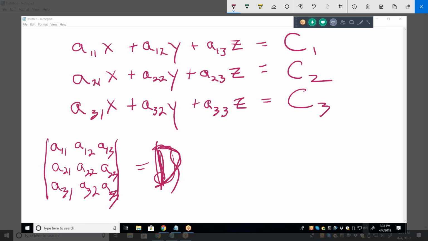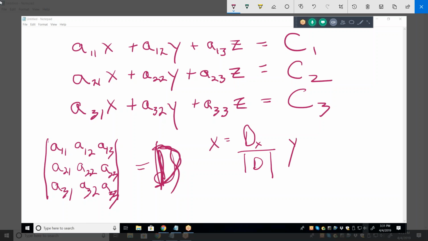Now, here's what x, y, and z are equal to. X is equal to the determinant of everything but x divided by the determinant of the left side.